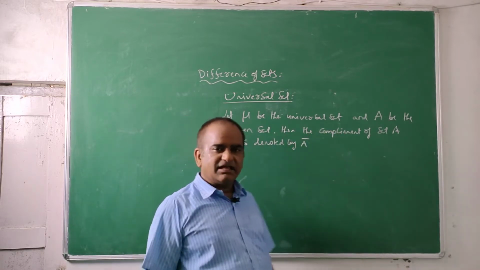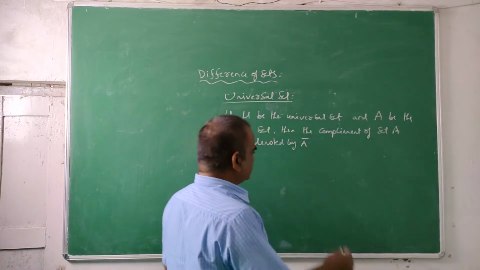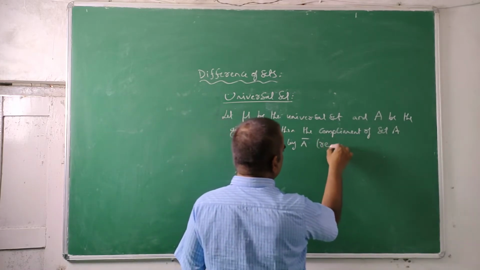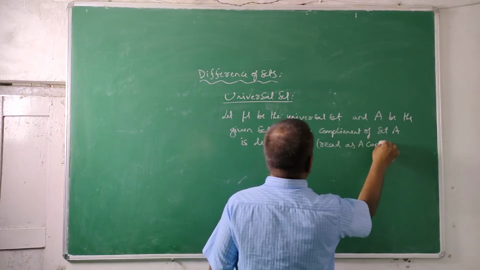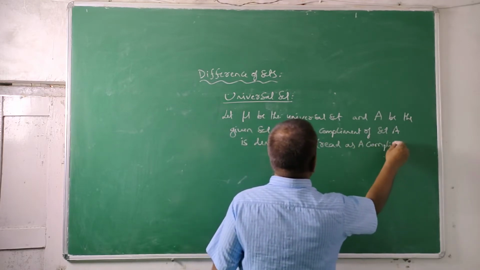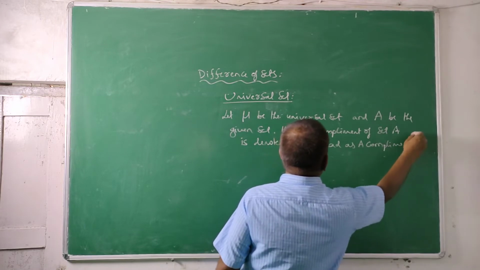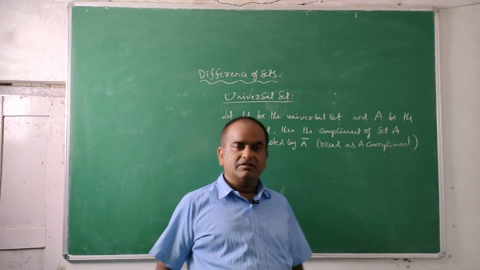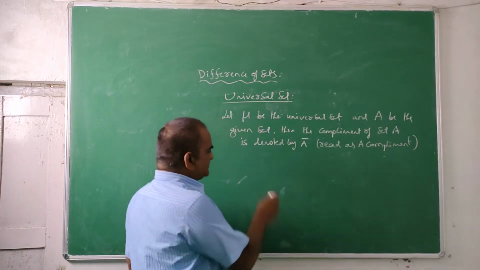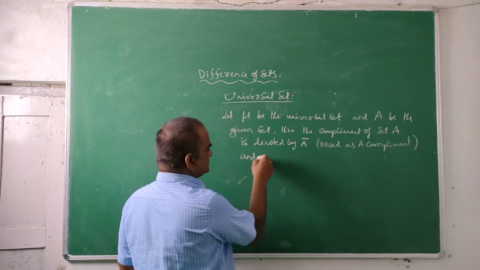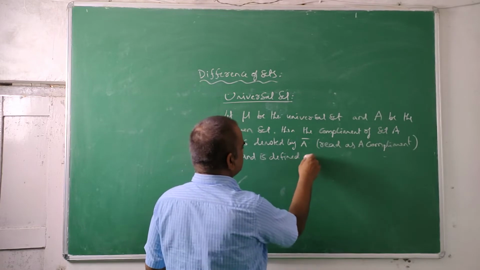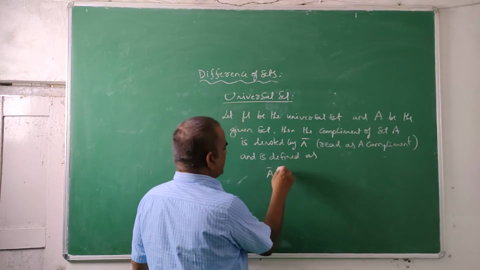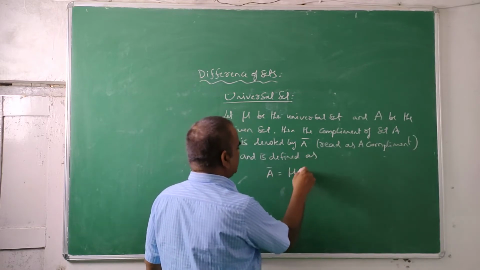It is read as A complement. And is defined as A complement is equal to mu minus A.